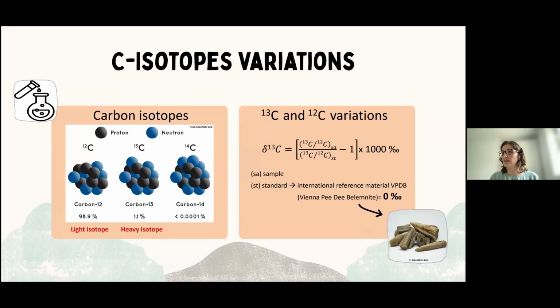This standard has a value of 0. So every carbon isotope is compared to 0, the standard value. In general, delta carbon-13 in natural samples on Earth ranges from about -100 to +50 per mil. However, most of them are in the range between -35 and 5 per mil.